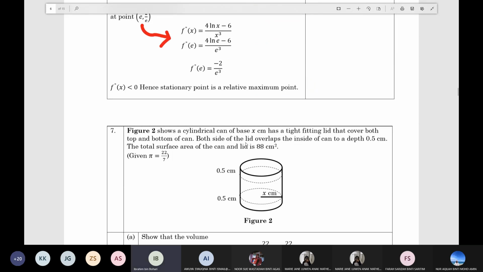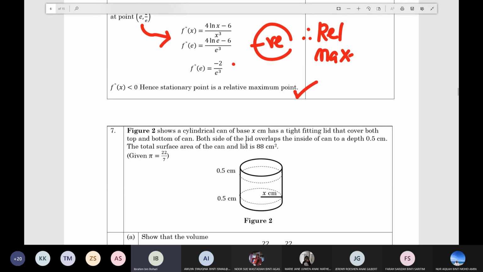The second derivative equals negative 2 over e cubed, so the sign of the second derivative is negative. So the conclusion: a negative sign means a relative maximum, and a positive sign means a relative minimum point. In conclusion, the stationary point is a relative maximum point. Settle question 6.